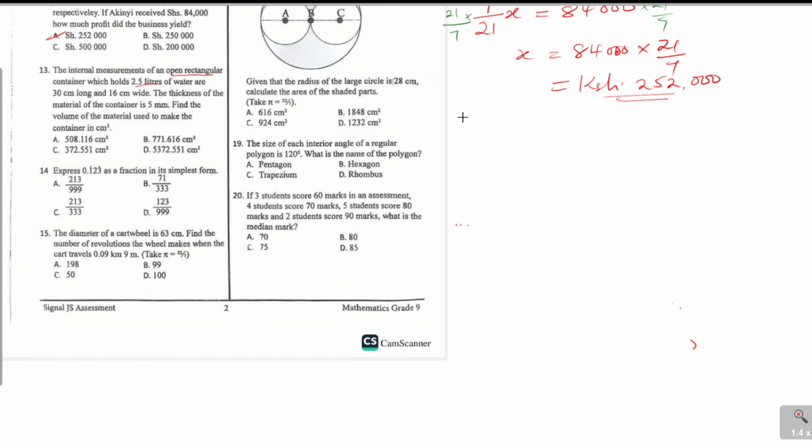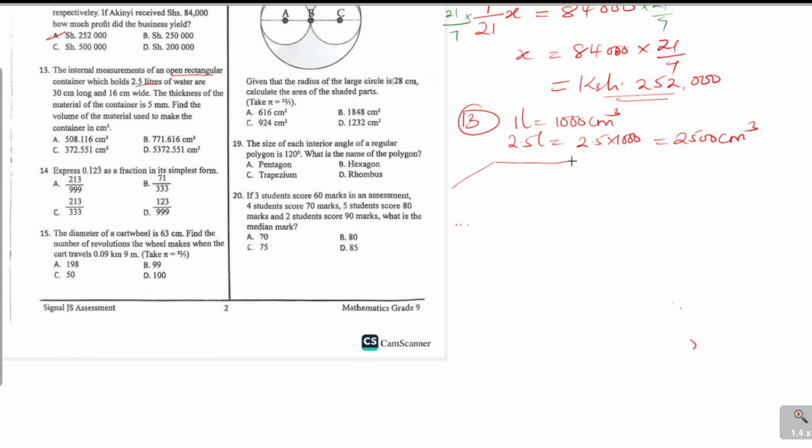And you know that 1 liter is equivalent to 1,000 centimeters cubed. So what about 2.5 liters? This will be 2.5 times 1,000, and this will give 2,500 centimeters cubed. That is the volume.